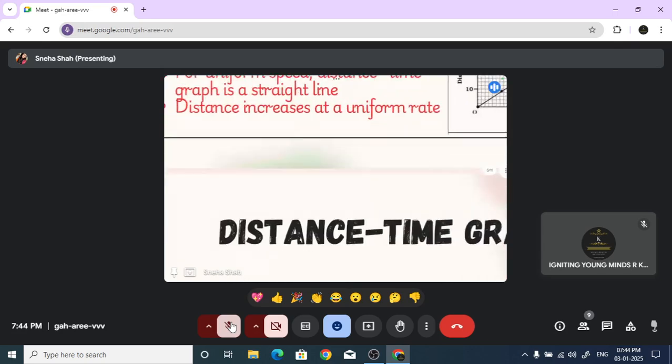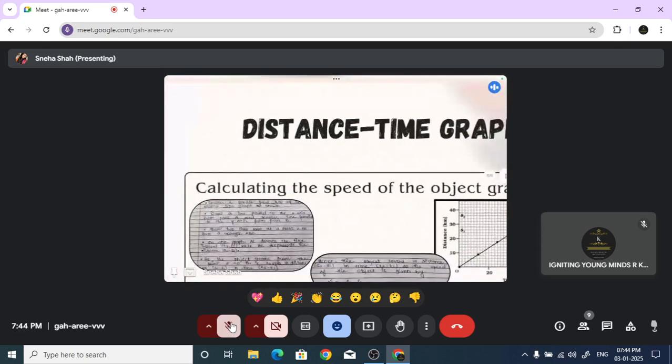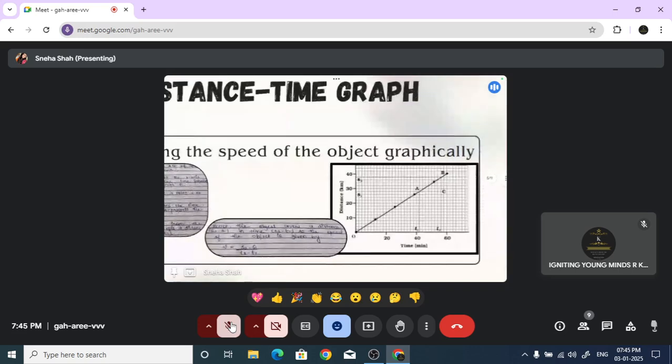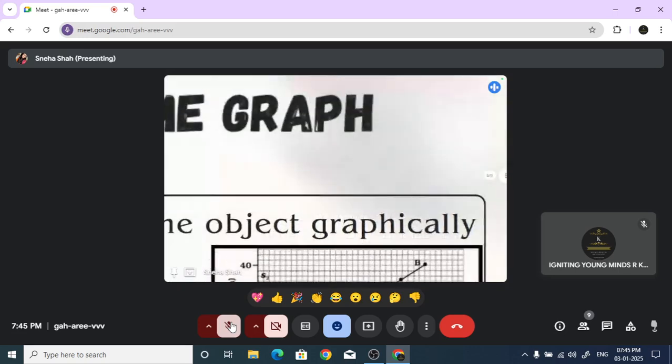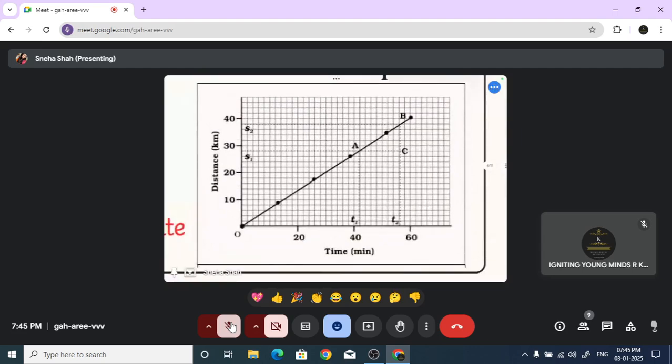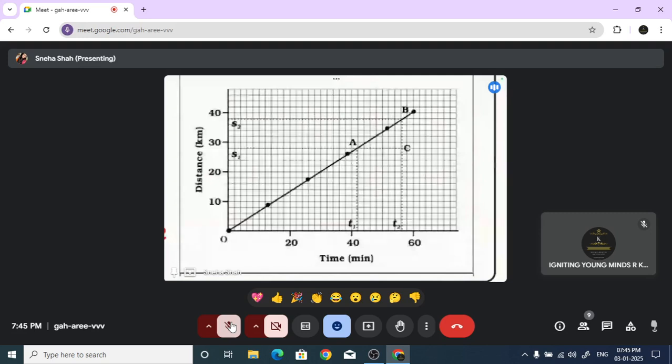Okay. But let's understand how to calculate the speed of this object from the graph. Now tell me something in this particular graph. How much distance has the object traveled from A to B? How can you derive? Like here, if you can see at a point A, the distance traveled is S1.